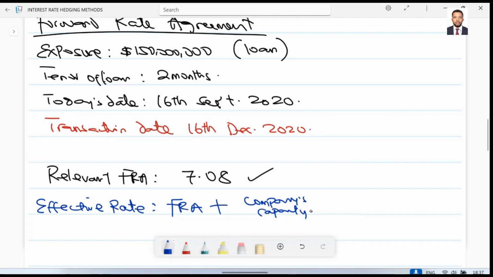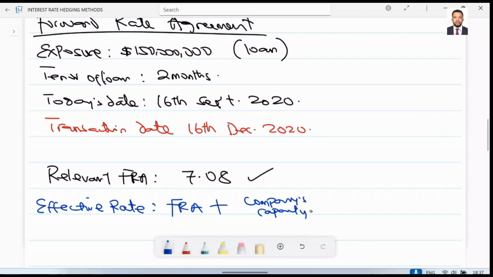So all we are doing in FRA is simple. The moment you identify this FRA, which is going to be gotten from determining the relevant quote, in front of this quote, you see this amount there, right? Choose the right one, then add the company's capacity, which will be given to you. Now let's go to the question and see their capacity. No. LIBOR is the rate ruling now.